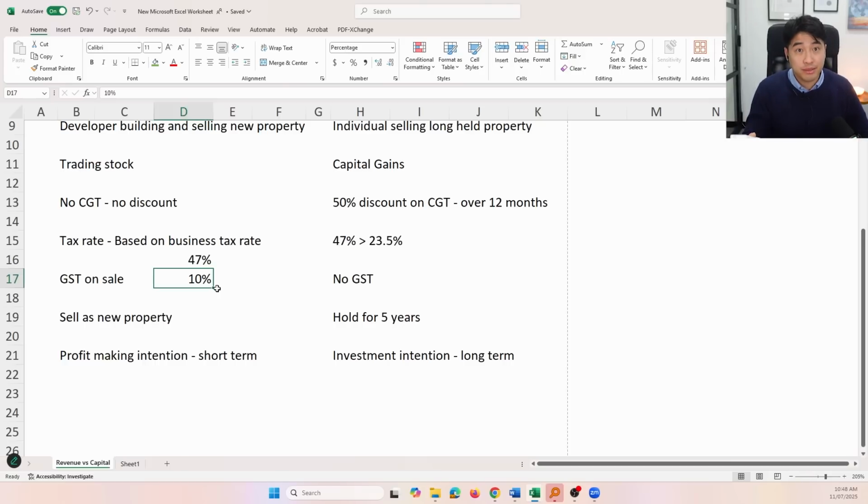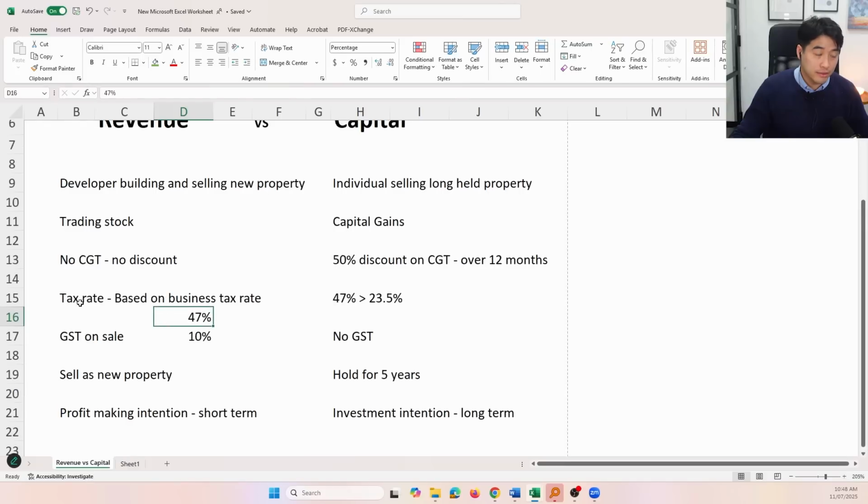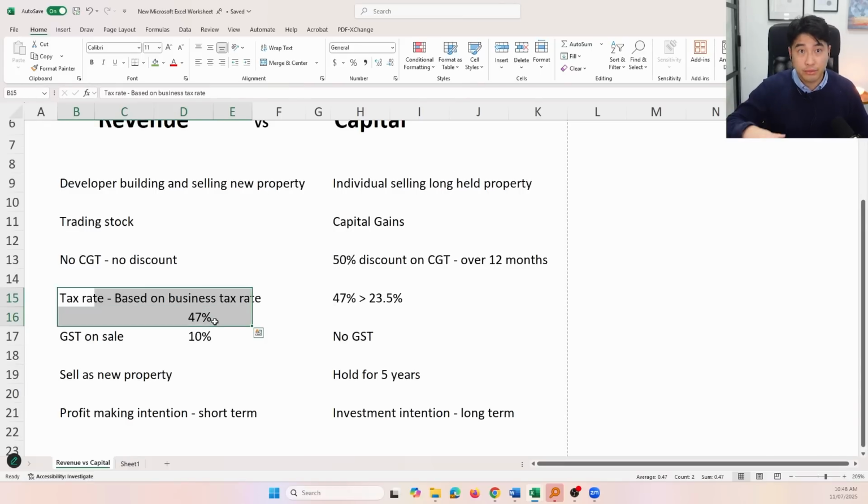So I get to claim 10% GST on the $10, but I also have to pay GST on the $50. Therefore the ATO slugs you for that as well. That's where a lot of first-time property developers don't realize that, and they get slugged for 10% GST on the profit, and on top of that, income tax of 47% because they bought it in their personal name.